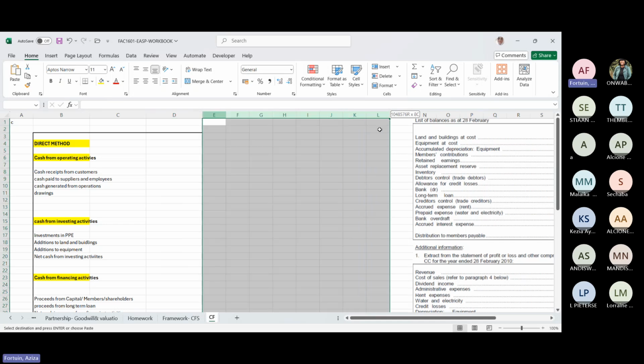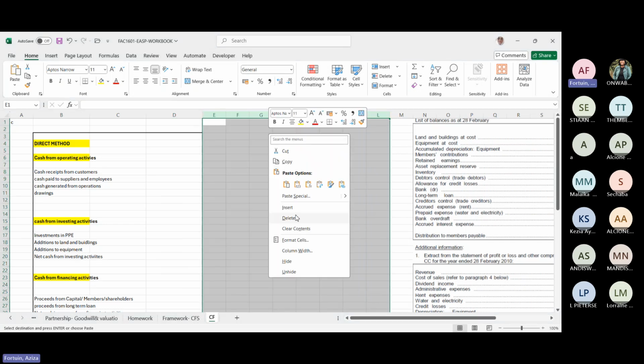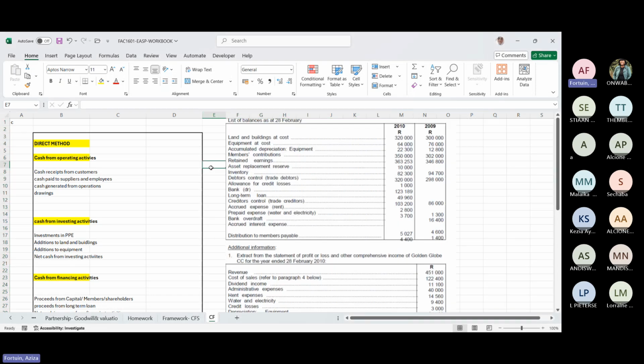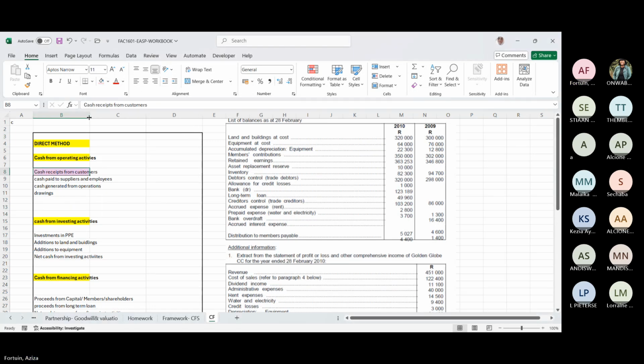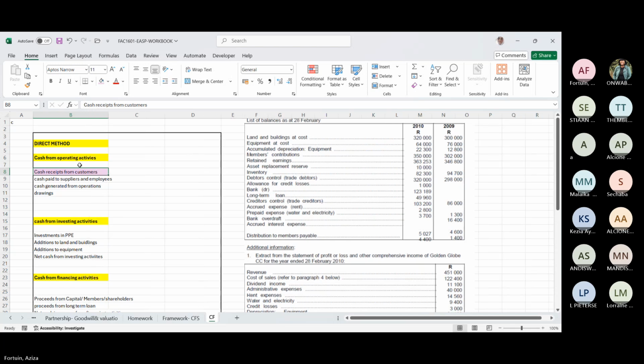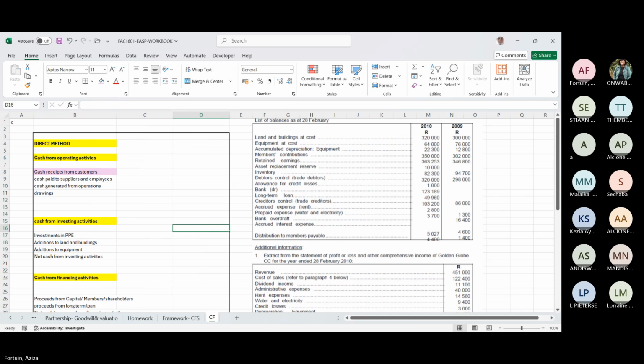You won't be able to see it on my screen because it's too big, so it's in the chat. All I want you to do is this here, cash receipts from customers, where it's marked in purple. It is now 19:41. At 19:46, we can discuss it. Read the scenario thoroughly and then only give me cash receipts from customers.